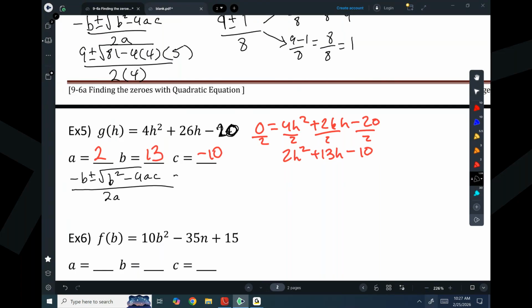Which is? So -13 plus or minus the square root of 13 squared, 169, minus 4 times a, 2 times c, -10, over 2 times 2.